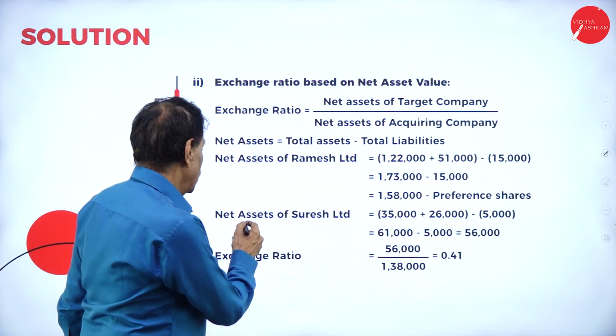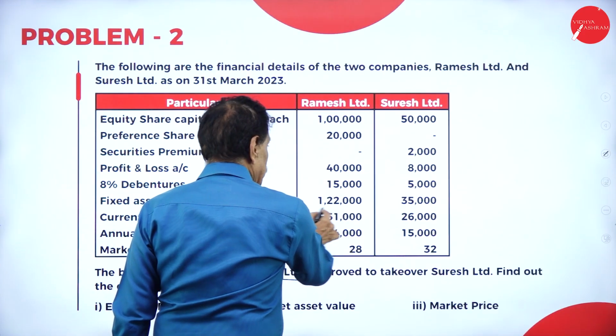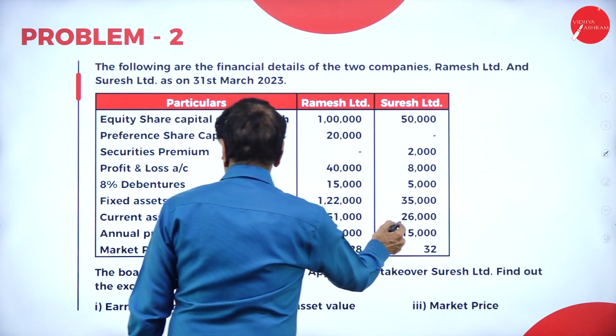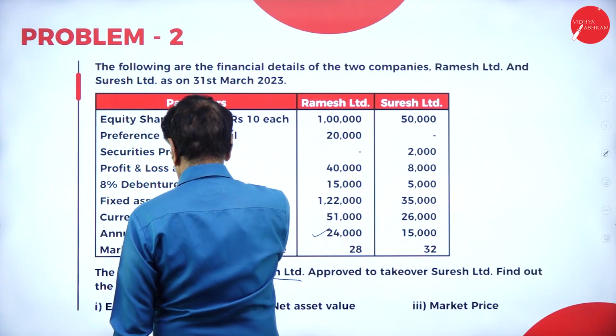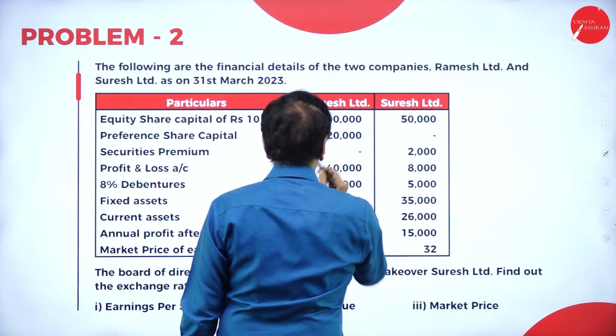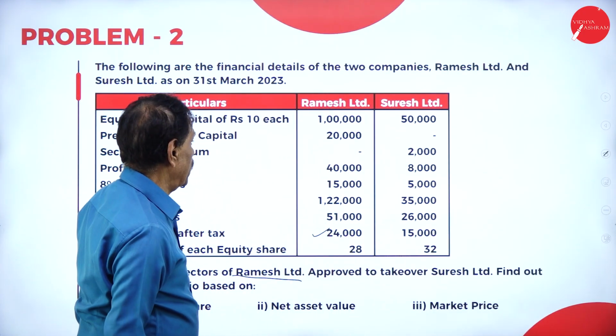So come back here. Net asset here: fixed asset 35,000, then current asset 26,000. Then we have preference share capital here, 20,000 for Ramesh Limited.